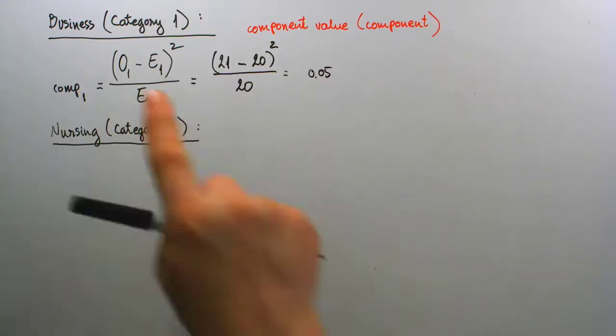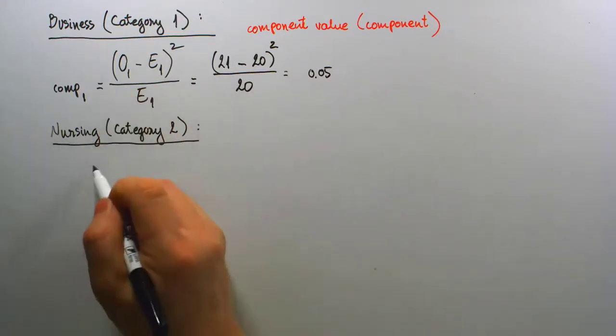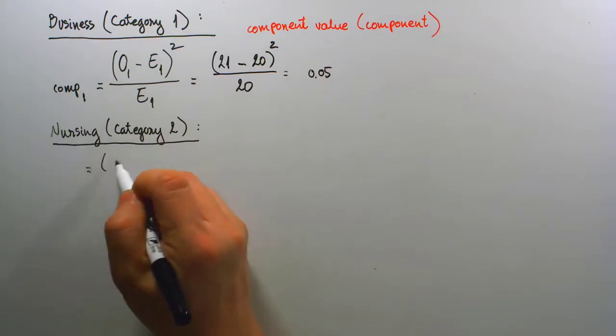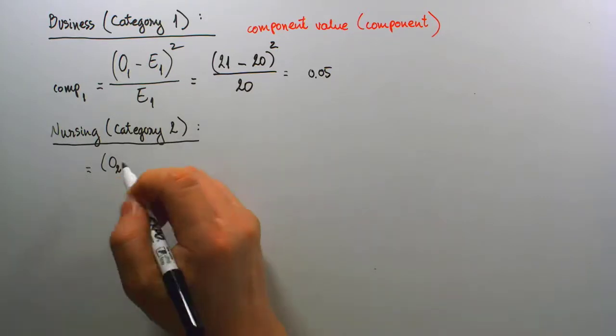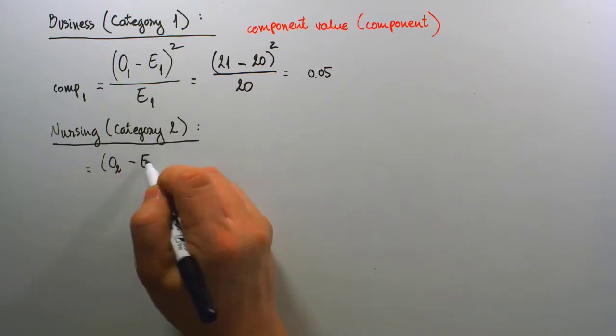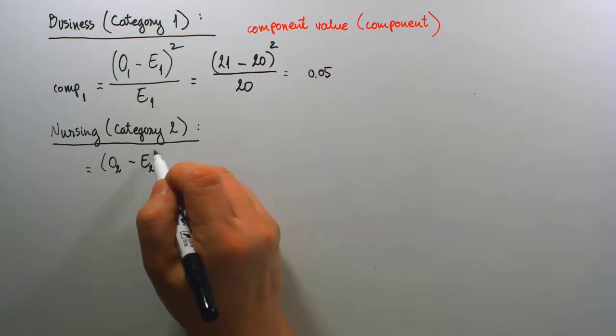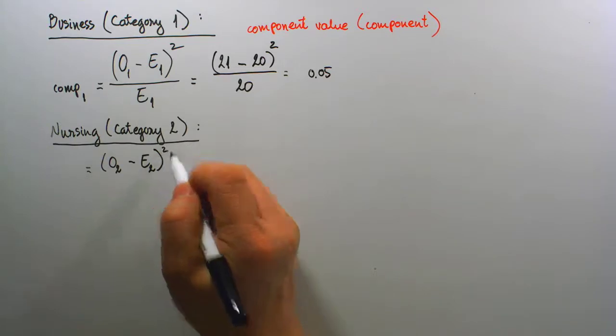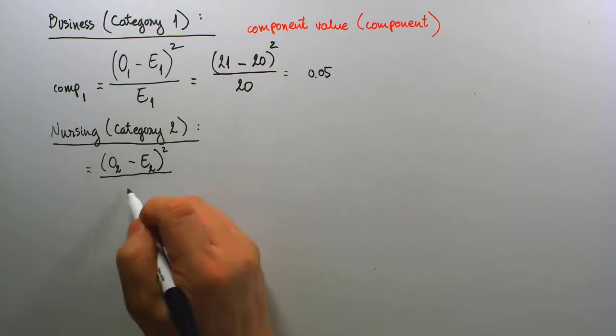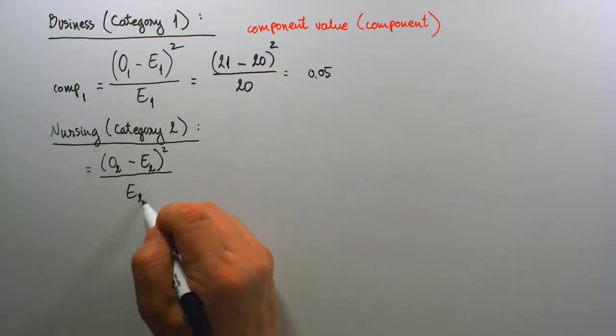And again, very similar work to be performed here. I am going to look at the observed count in that category. That's what O2 is for. Then subtract the expected count already calculated for category 2. That's what E2 is. The difference there is going to get squared and divided by the expected count.